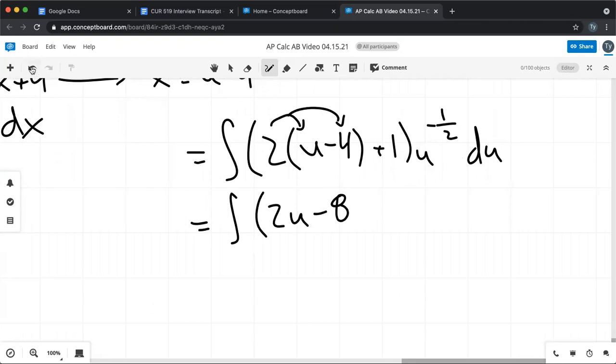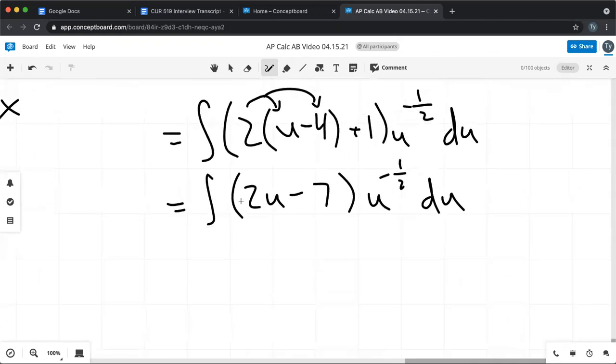Well, minus 8 plus 1 is minus 7, times u to the negative 1/2 du. And then the same thing as the last problem, right? Why deal with a product when we could distribute this term to both of these and just have to deal with power rule?